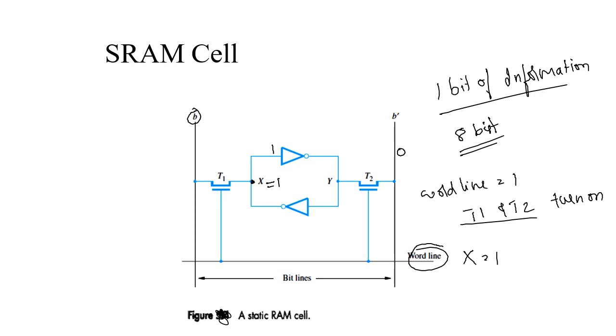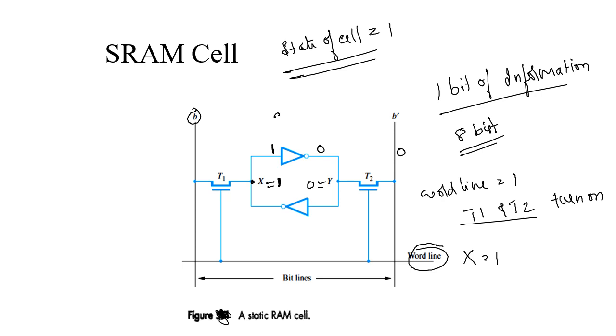Then the input to inverter 1 will be inverted and the output will be 0, so y becomes 0. Let us assume that we have already stored logic 1. The state of the cell is 1, which means it has stored 1 in it.